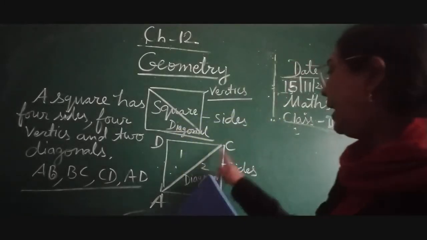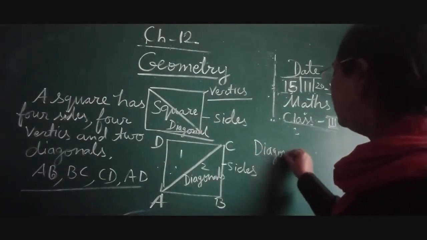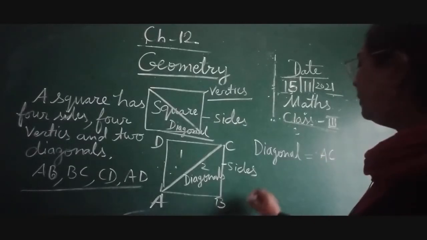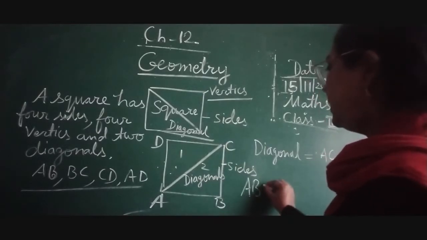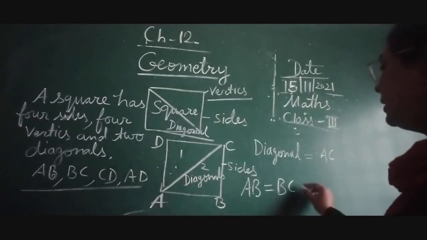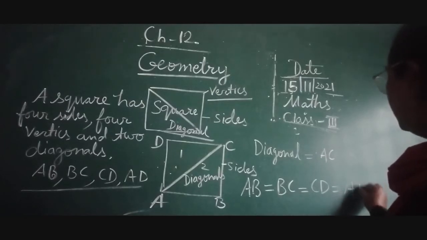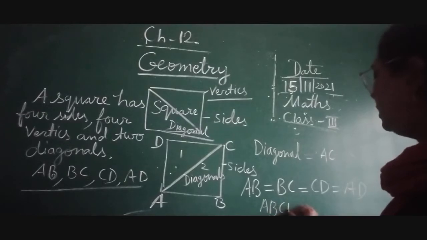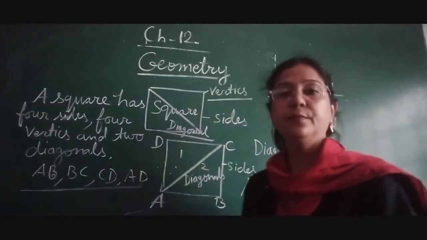And the diagonal is represented as AC. So we will represent this square as AB, BC, CD and AD, or you can write it in the simple way ABCD. So this is the simple way to describe this shape.